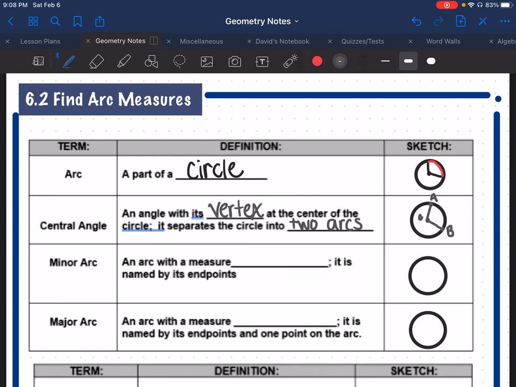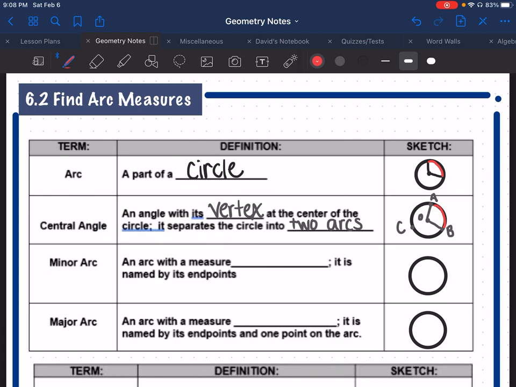We could call the center of the circle O. And then maybe there's a little point on my circle over here called C. So I have an arc here from A to B, and then I have a different arc over here, a larger one from A to C to B.